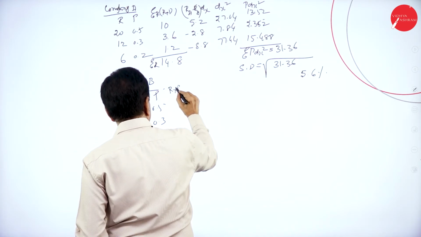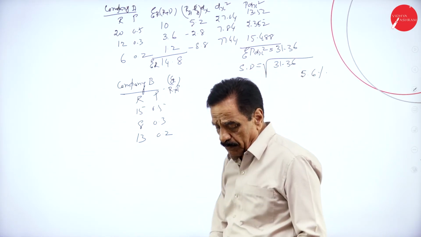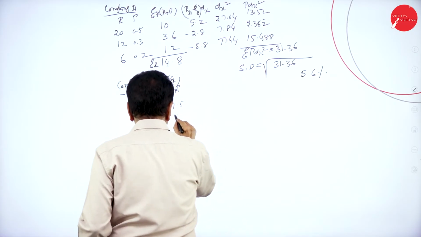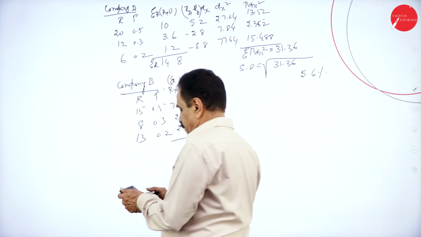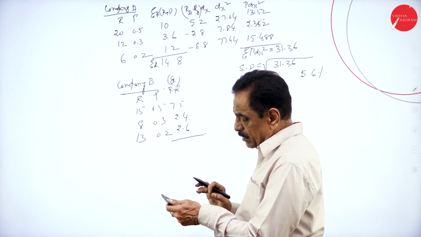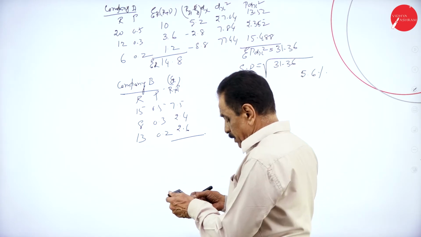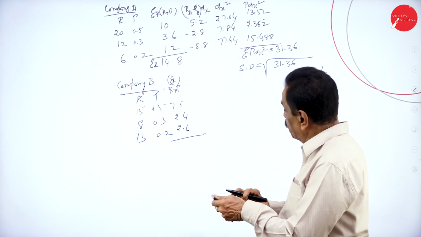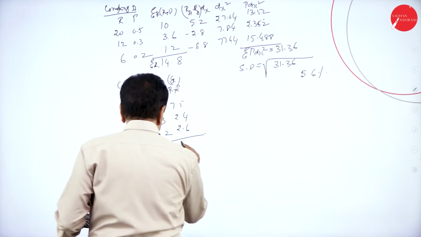R into P, expected return: 15 into 0.5 is 7.5, 8 into 0.3 is 2.4, 13 into 0.2 is 2.6. Add the figures: 2.6 plus 2.4 plus 7.5, 12.5 expected return.